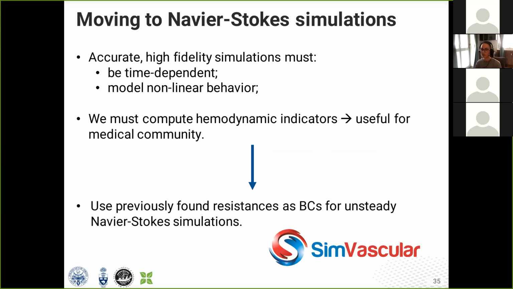And they also need to take into consideration the turbulent nature of the blood there. So you need a non-linear model, a Navier-Stokes model. Moreover, we need to compute all those hemodynamic indicators like wall shear stress and oscillatory shear index, which are those that are interesting for medical doctors. And this can be computed only on high fidelity, unsteady Navier-Stokes simulations.